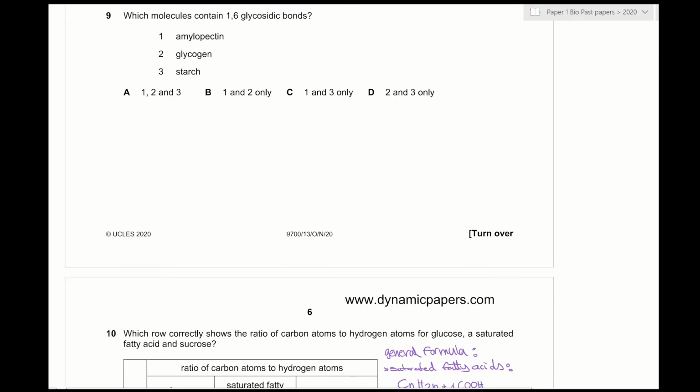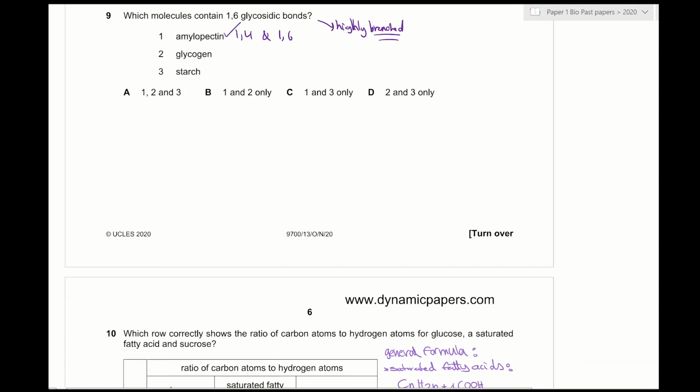9. Which molecules contain 1 to 6 glycosidic bonds? The molecules which contain 1 to 6 glycosidic bonds are going to be highly branched molecules. Let's start with amylopectin. Amylopectin is made of both 1 to 4 and 1 to 6 glycosidic bonds.